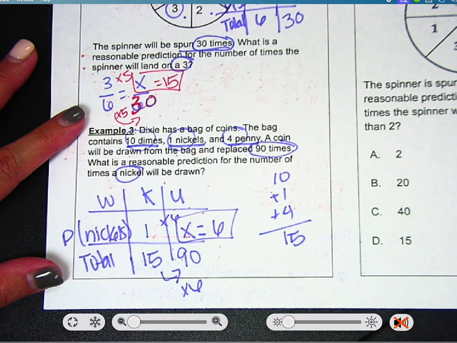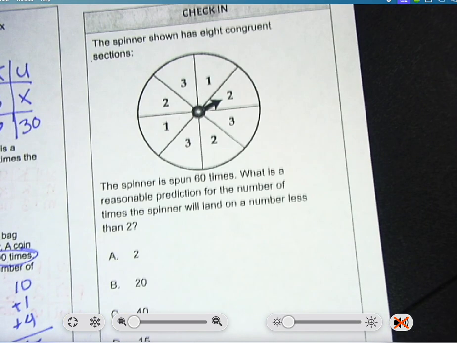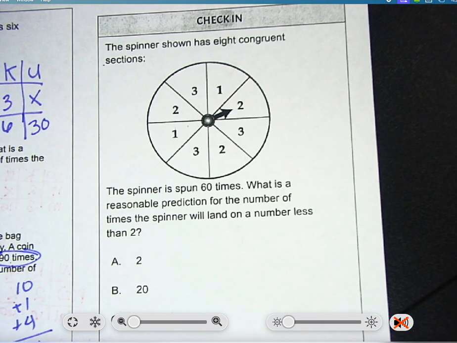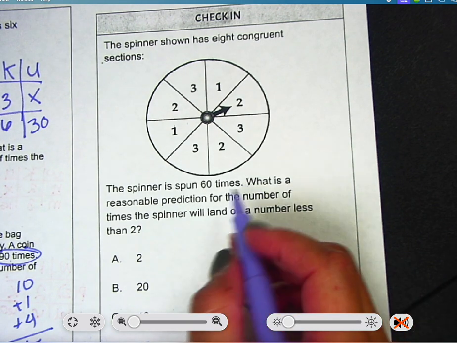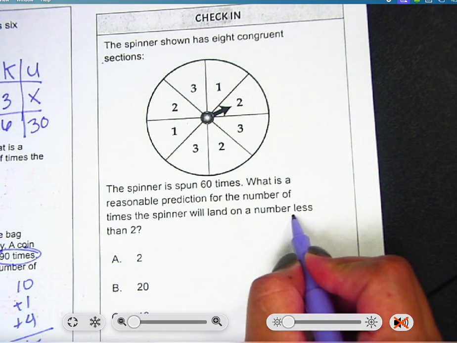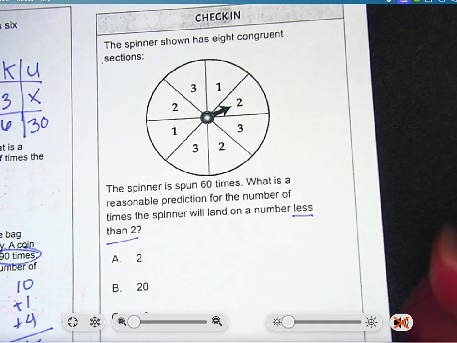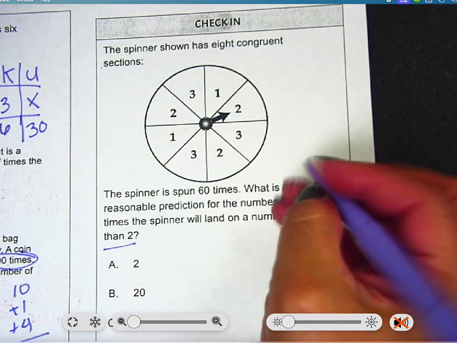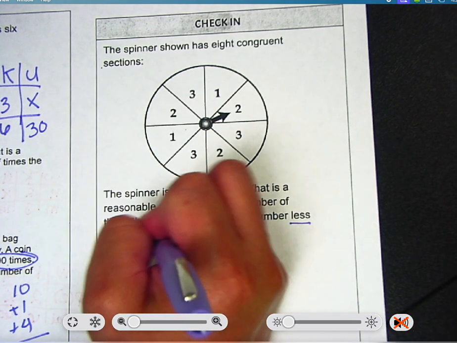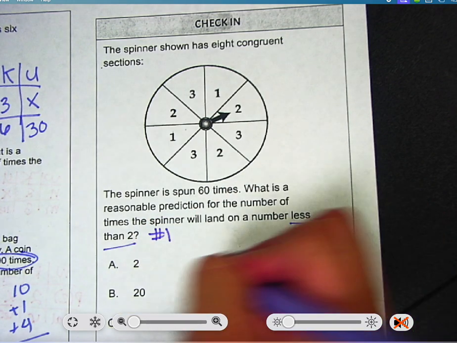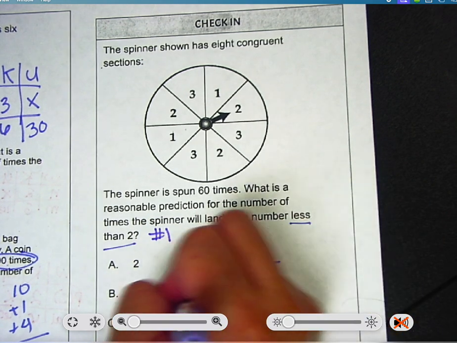All right, so on the last one, it is going to be your turn to try doing this one. The only thing that is different is saying what is the probability that it would land on less than 2. So what are the numbers that are less than 2 here? The only number that is less than 2 is going to be the number 1. Okay, so you start with that tic-tac-toe.